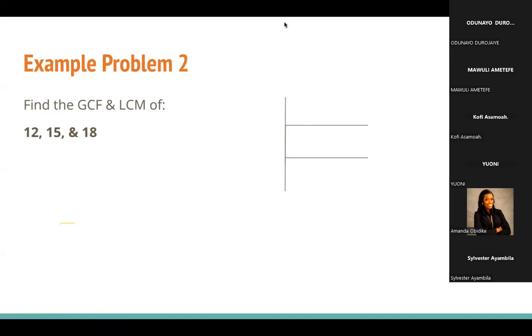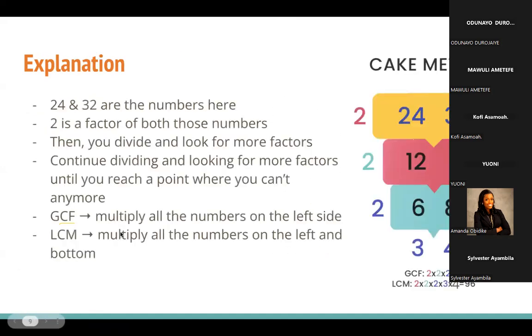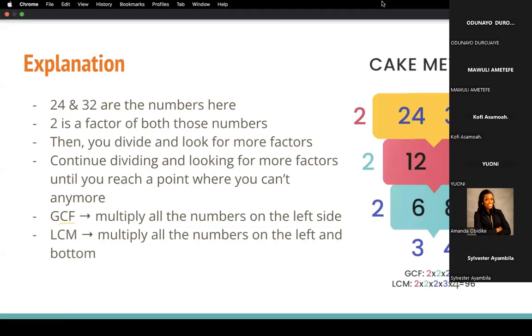Yes, whoever raised their hand. Can you please go back to the cake slide? Is this the slide you wanted?